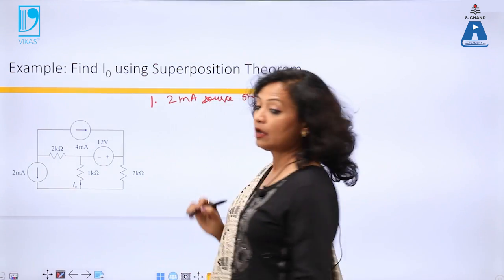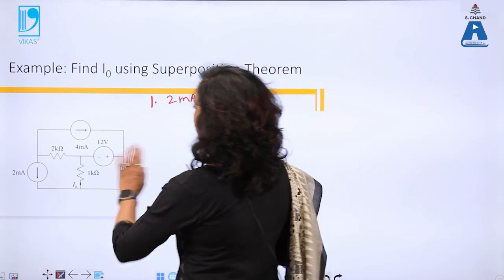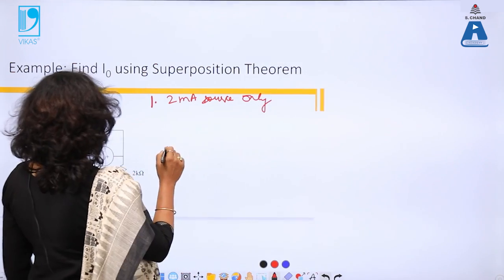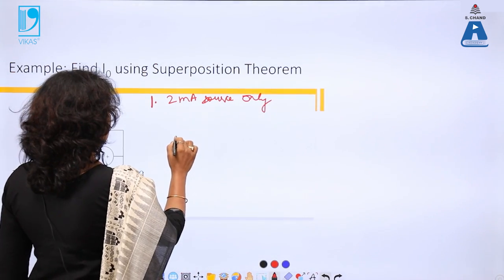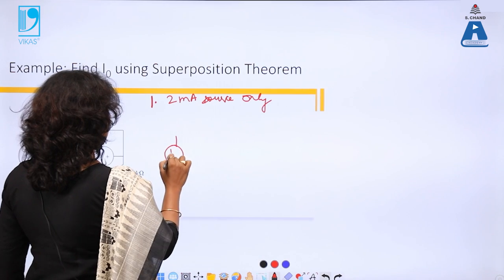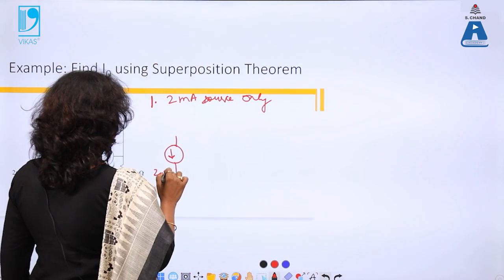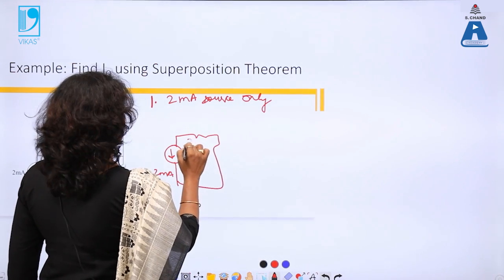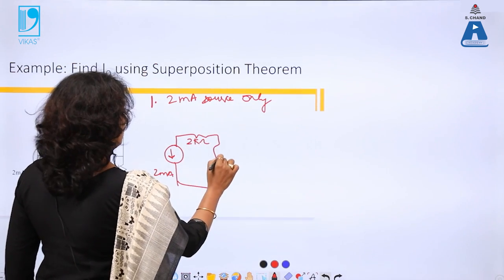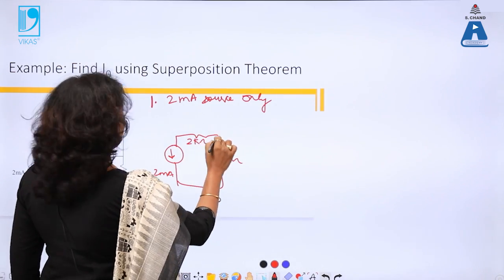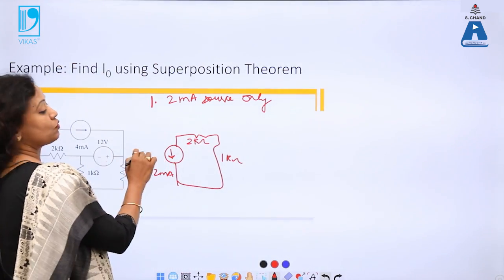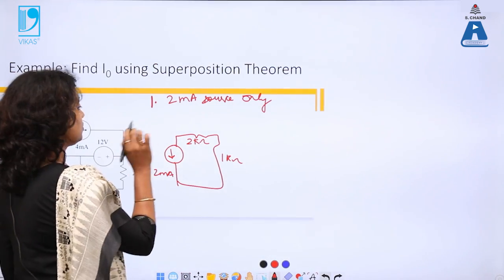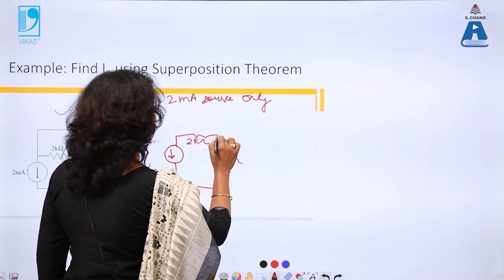So I am taking only one source, 2 milliampere, and I will superimpose this and this source. So I will take now 2 milliamperes. So this is my 2 milliampere. Now this 12 volt voltage source has to be short circuited as per the rules defined, because the internal resistance is 0.